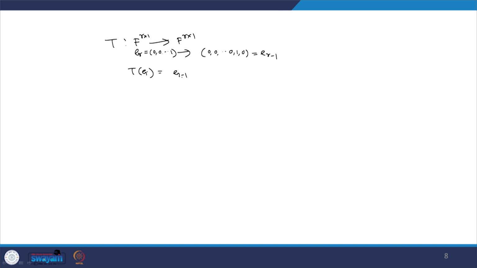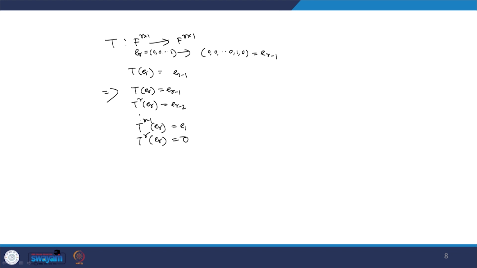If I consider e_1, e_2, ..., e_r the standard ordered basis over the vector space F r cross 1, then I am defining this. This implies that T of e_r equal to e_{r-1}, T square of e_r is equal to e_{r-2}, and T to the power r minus 1 operating on e_r will be equal to e_1, and T to the power r operating on e_r equal to the 0 vector.